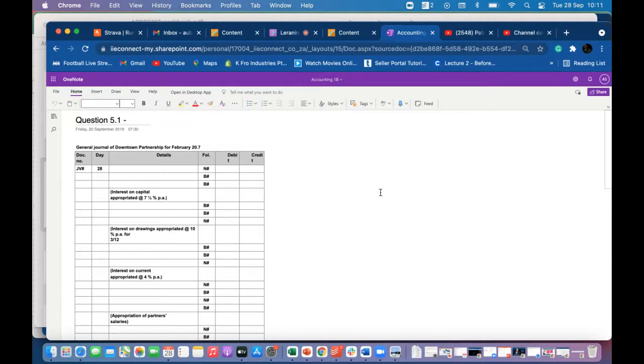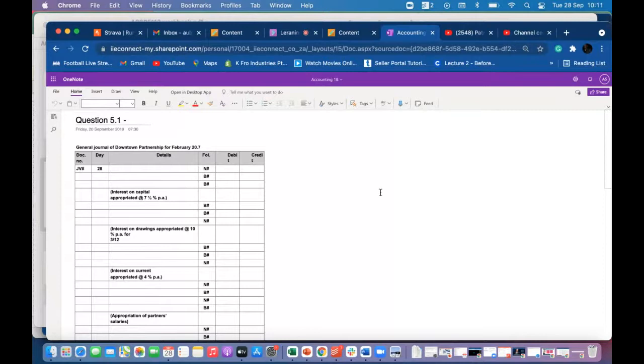Then it goes on to tell us the partnership agreement stipulates the following. Interest on capital account must be recorded at 7.5% per annum. Capital balances remain constant. So what are they informing us here?